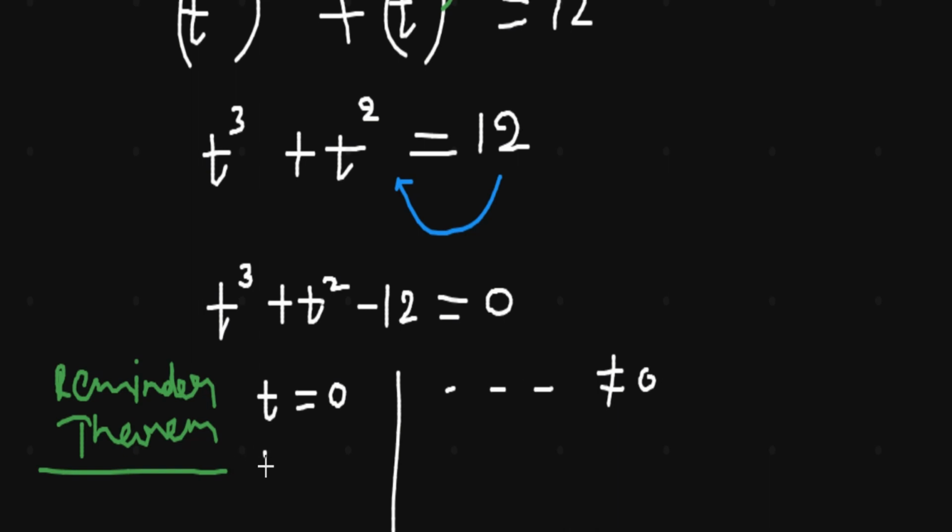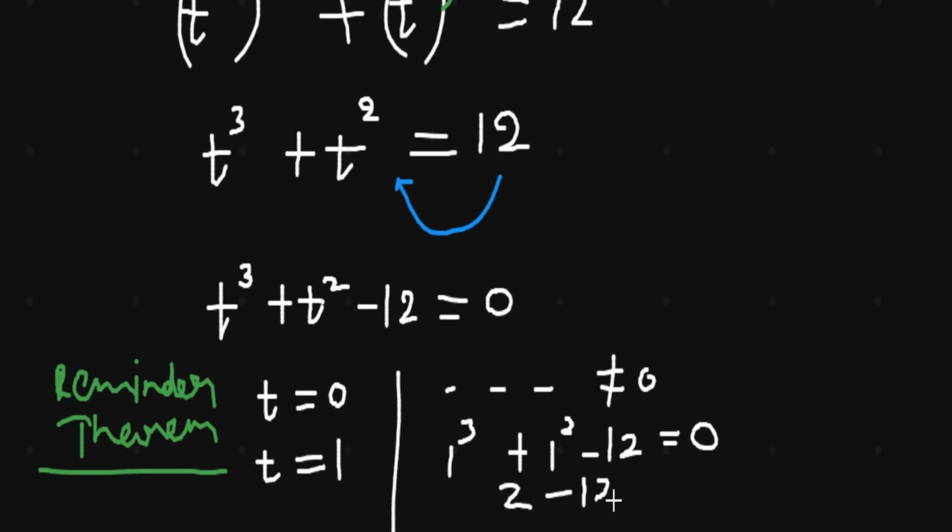So next we are taking t is equal to 1 here. So here we can write t cube, that is 1 cube, plus 1 square minus 12 is equal to 0 here. So 2 minus 12, this is not equal to 0.